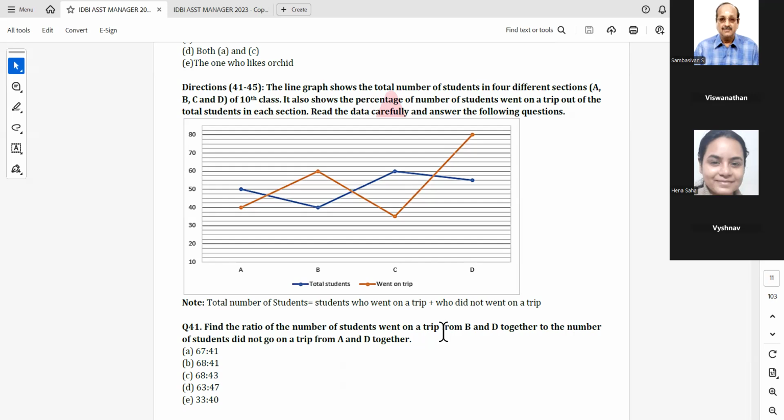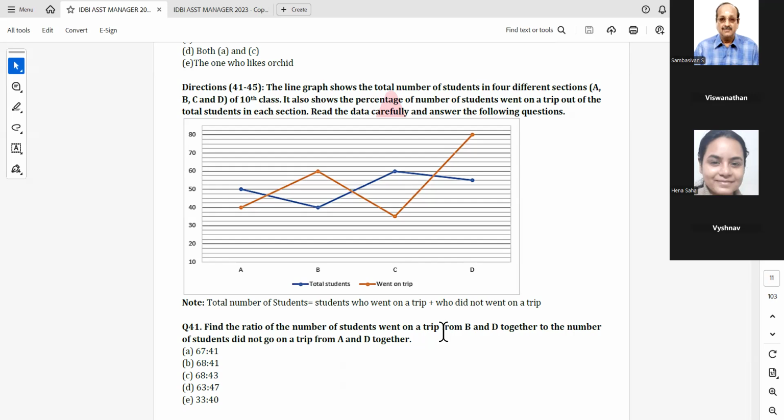That is 50 into 60 by 100 is equal to 30. Then in section D, 44 went on a trip, so 11 did not go. So 30 plus 11 is equal to 41. So the answer for question number 41 is B for Bombay.